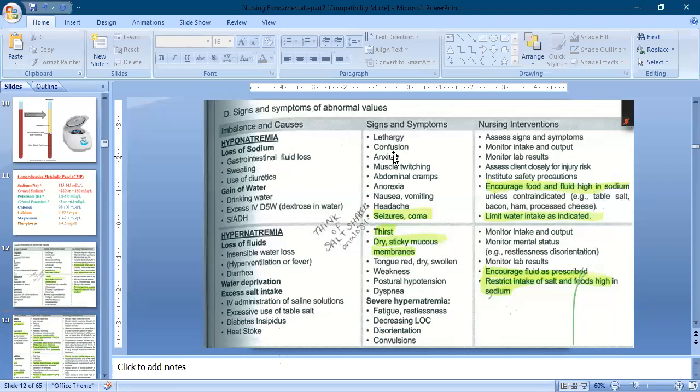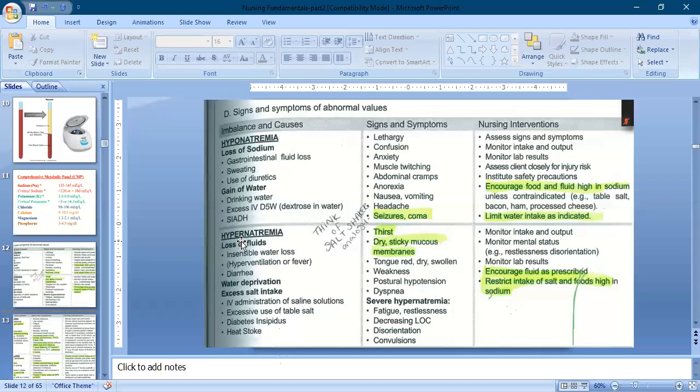Also increase the sodium intake, right? For acute hyponatremia, administer hypertonic IV fluid slowly. So here is the nursing intervention. When you read, you can get the same information that I'm explaining.